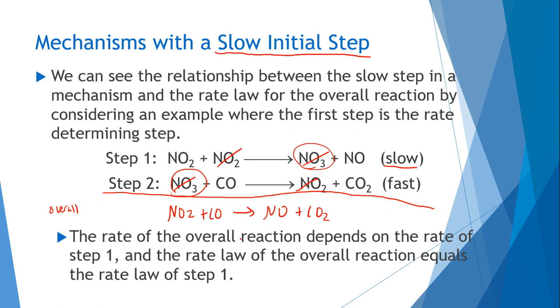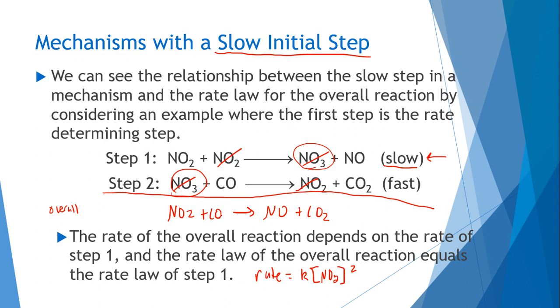Now, the rate of the overall reaction depends on the rate of step 1 because this is my rate determining step. So because my rate law is dependent on that step, your rate law is only going to be taking into consideration that step. So my rate would equal k, and if I'm looking at step 1, I have 2 NO2, so I have NO2, and since I have 2 of them, it's raised to the second power.